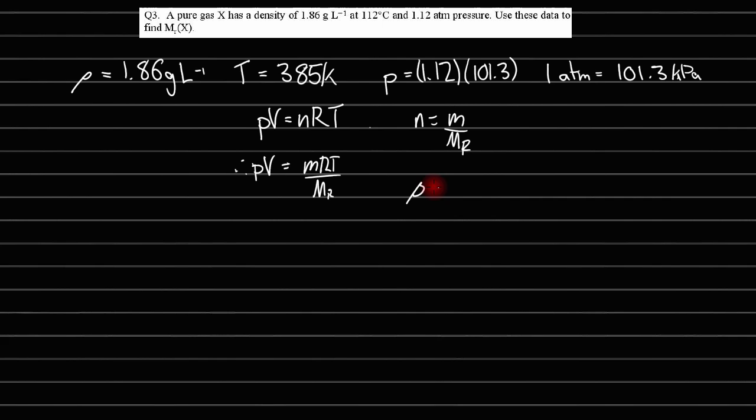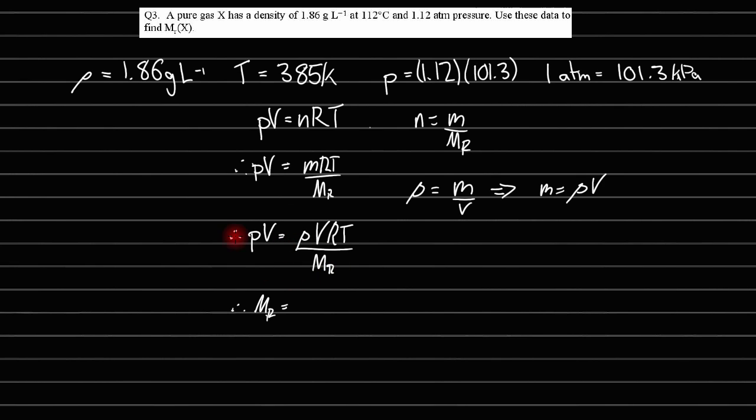That's that density is equal to mass over volume, and therefore the mass is equal to the density times the volume, which we can substitute in. So therefore PV is equal to rho V RT over Mr.